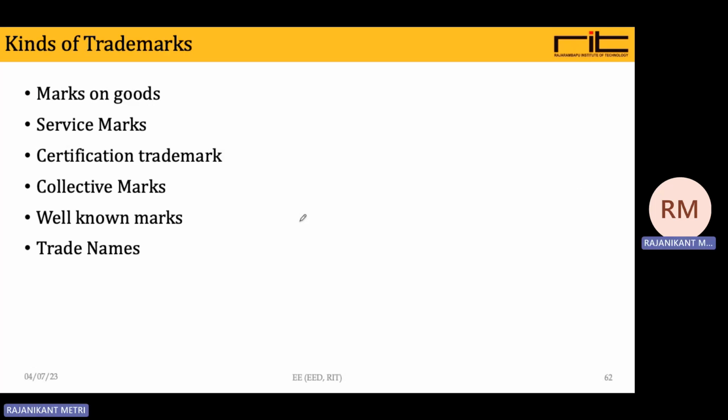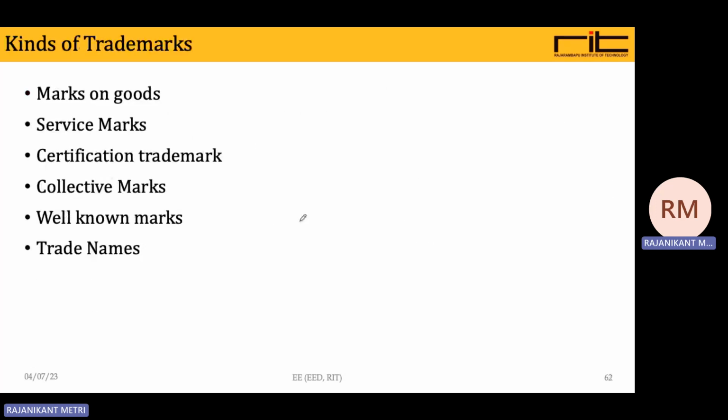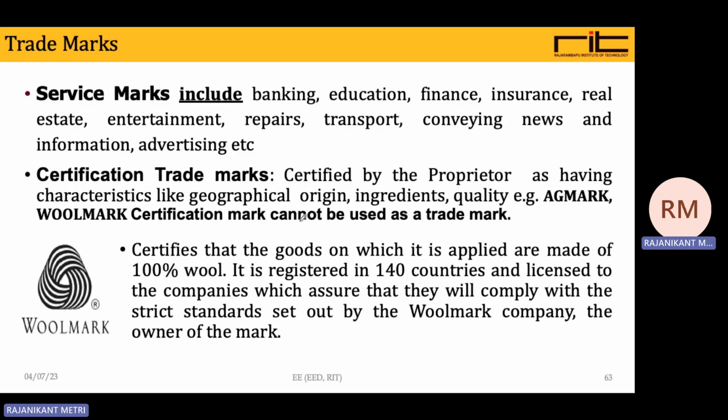Now, what kinds of trademarks exist? So marks on the goods, service marks, then certification marks or collective marks or well-known marks or trade names. So these are all different kinds of trademarks. Now, what do you mean by service marks or collective marks?